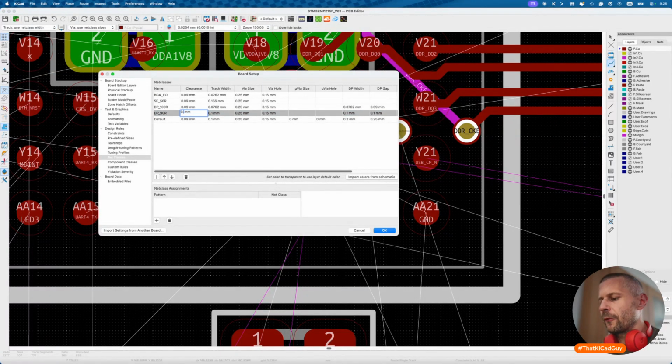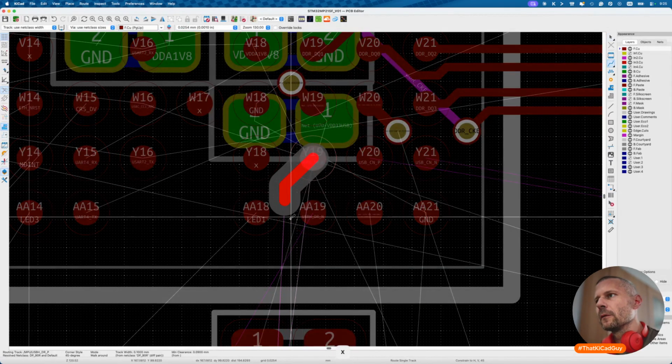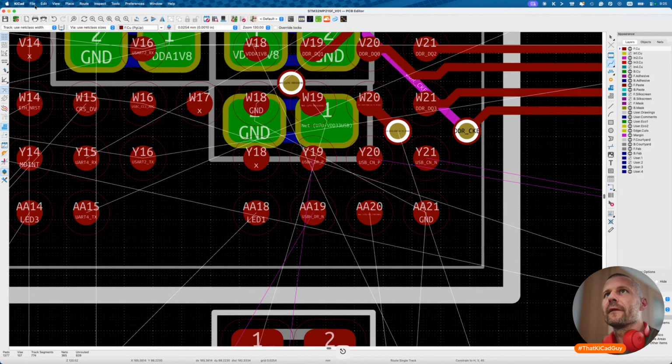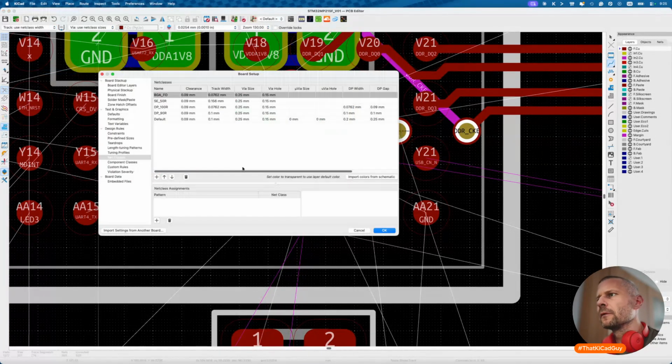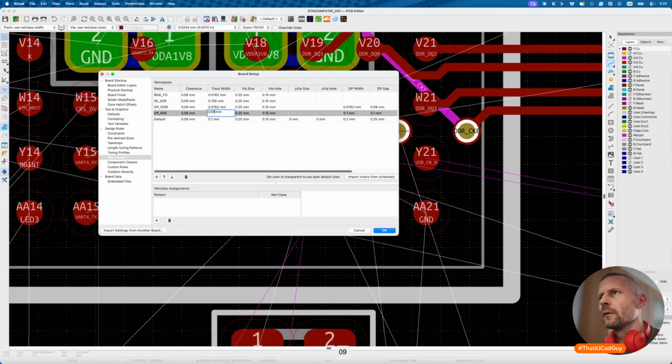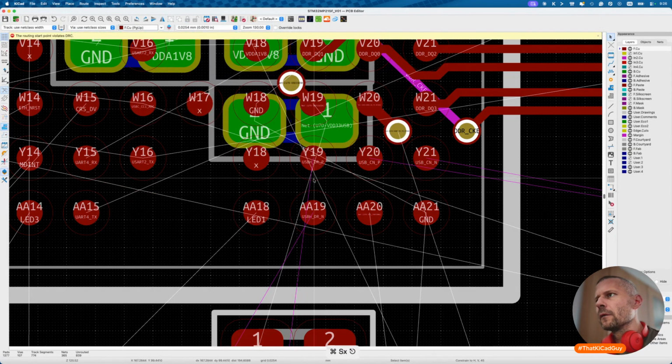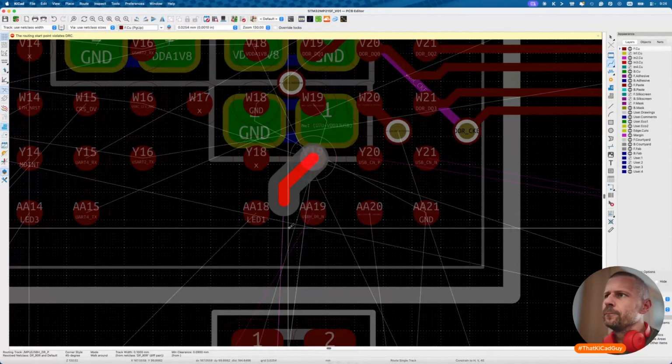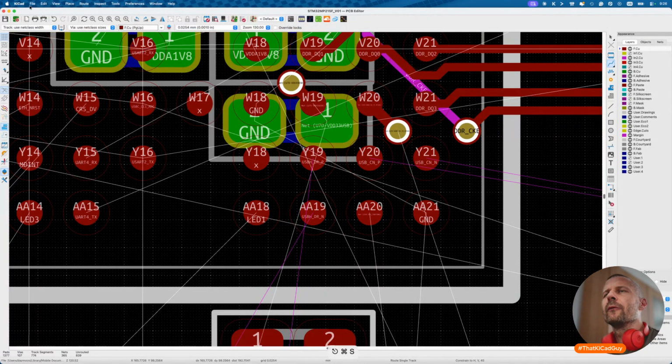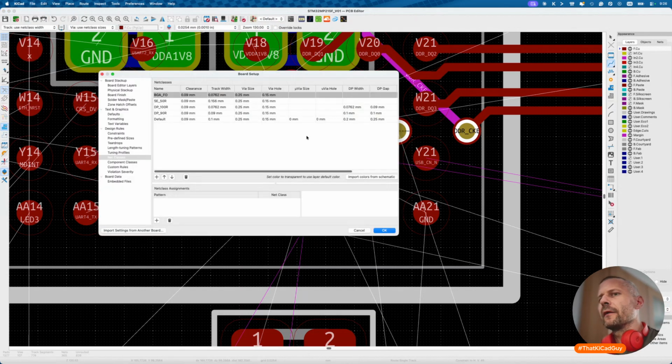If I use lower clearance, no, but I think we are close. Ah, they use, okay, yeah, I'm wrong.